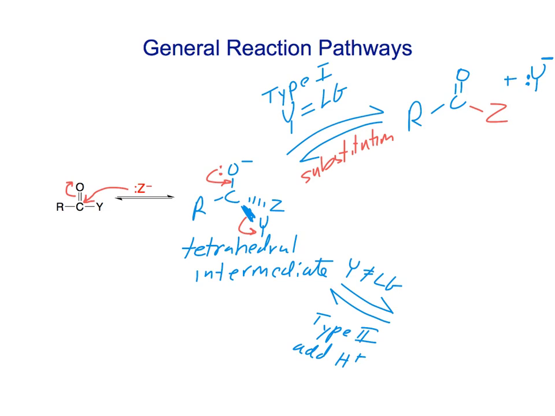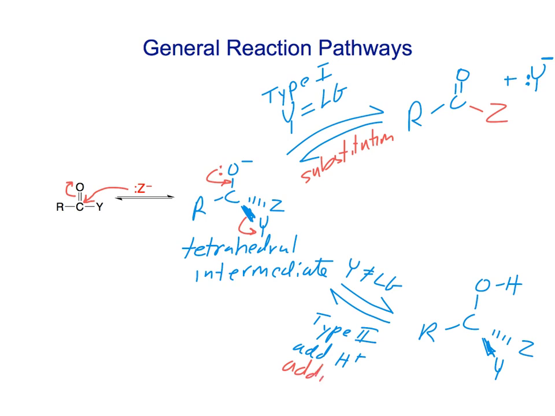All right? So then we're going to end up with an H on there, and we're just going to have this Y group and this Z group still on. So what type of a reaction would we call this?